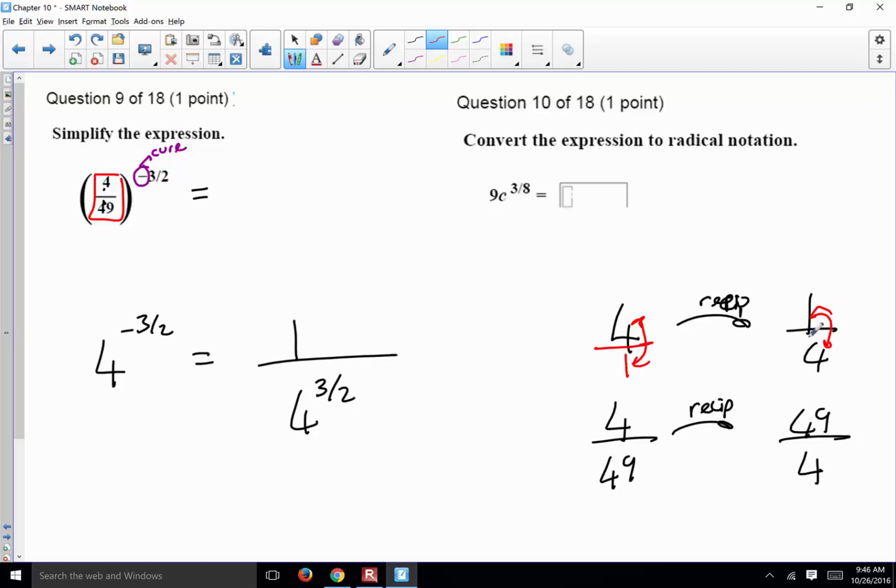That 1 becomes visible. Here you already have both sides visible. When you flip it, it's 49 over 4. So the way you cure 4 over 49 is to make it 49 over 4 with the positive power. Do you understand? Good.